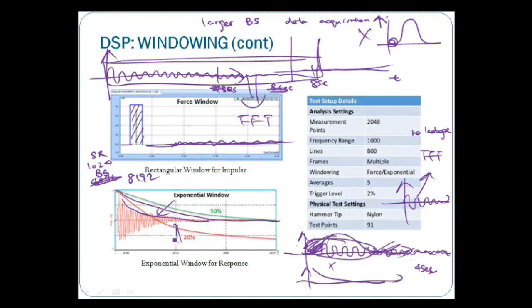So even without leakage, after you force it, the transient signal's spectrum in the frequency domain is broader. Because the damping is larger, it will go broader.